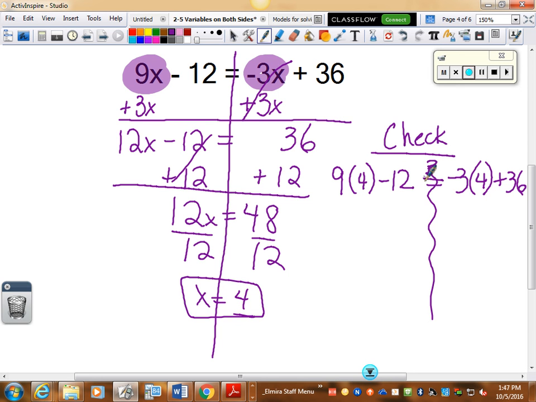So I can type 9 times 4, take away 12 on my calculator, or I can find 36 minus 12, and I get 24. Or negative 3 times 4 is negative 12, plus 36 is 24. I can type that in. But they both come out equal, so I know that I did it correctly. I'm not too focused on the check, but that's how you check it if you want to.